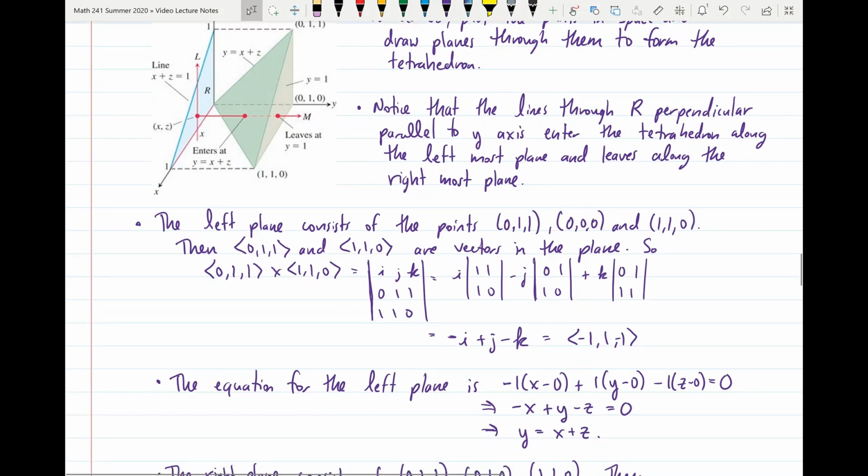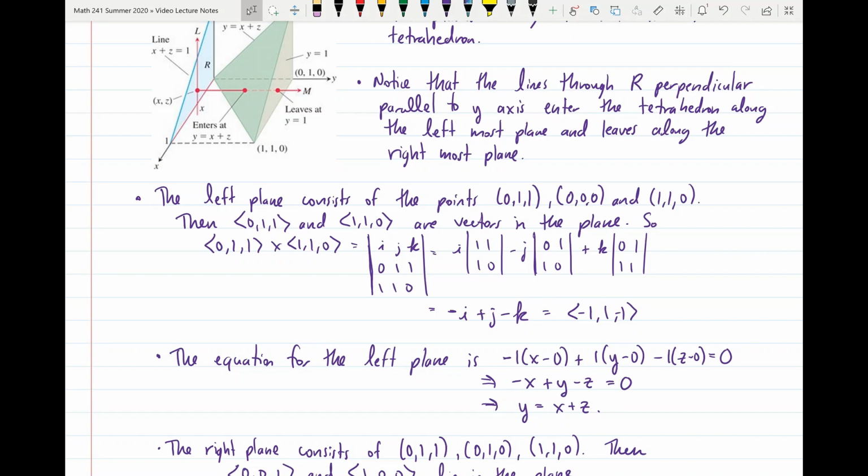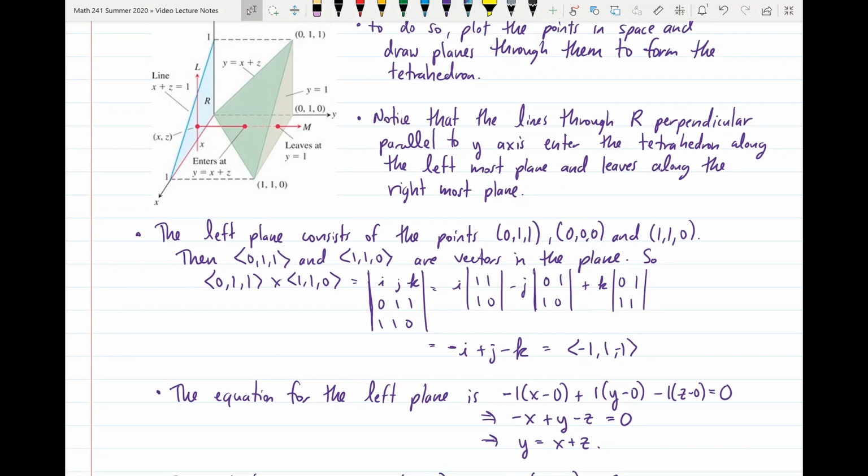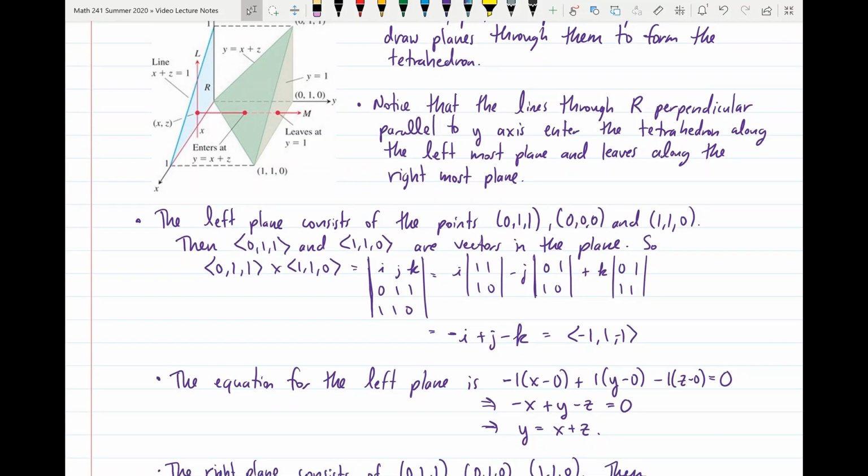And this takes us back to chapter 12, where we discussed how to find equations for the plane that contains 3 different points. So the left plane, the plane in green here, consists of the points 0, 1, 1, 0, 0, 0, and 1, 1, 0. To find the equation for the plane, we're going to want a vector that is normal to that plane, and then a point that's on the plane.